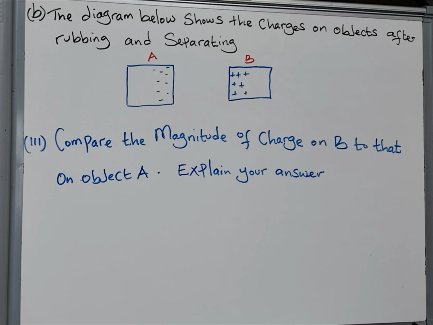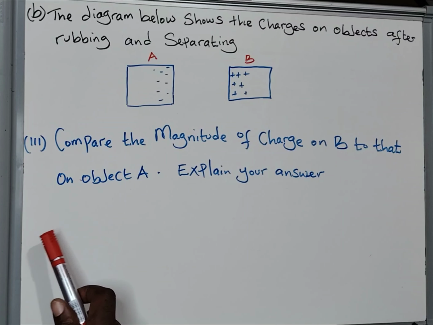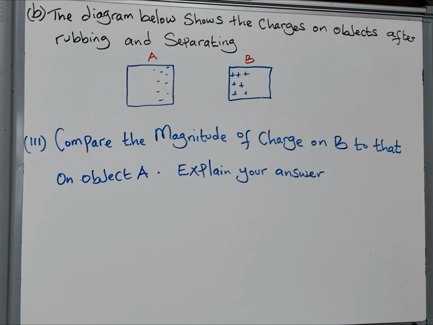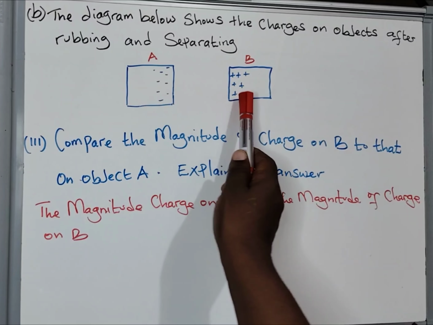So the answer is that the magnitude of charge on A is equal to the magnitude of charge on B. So that is it. The magnitude is the same.